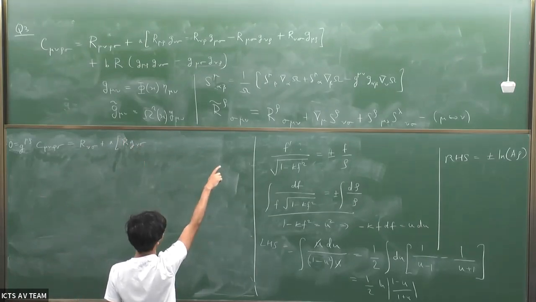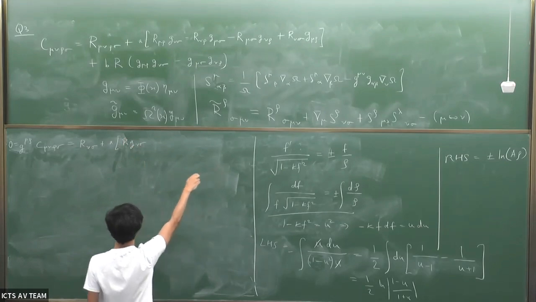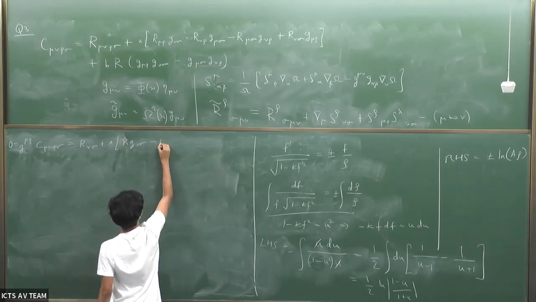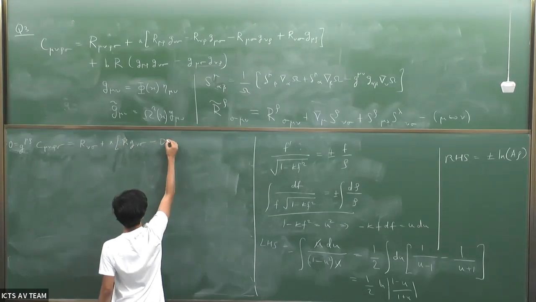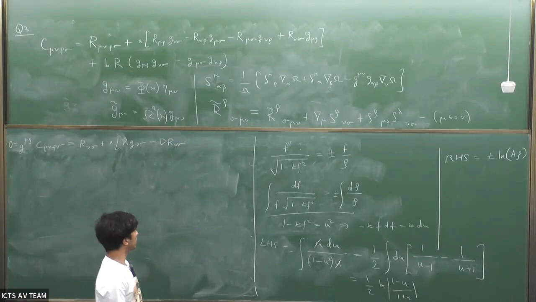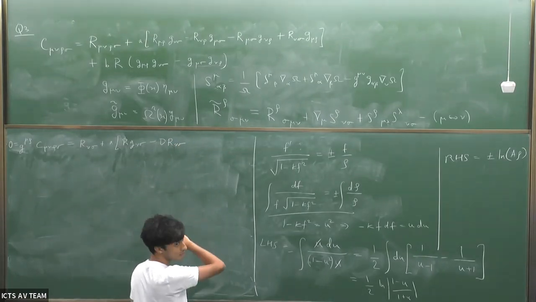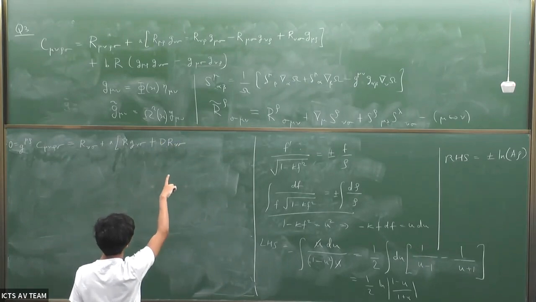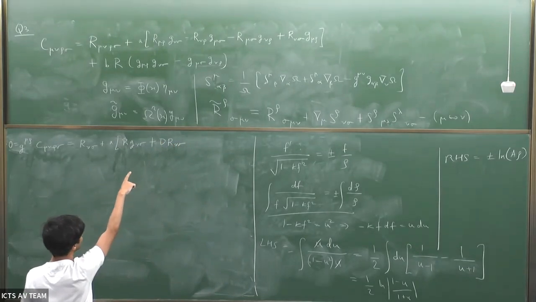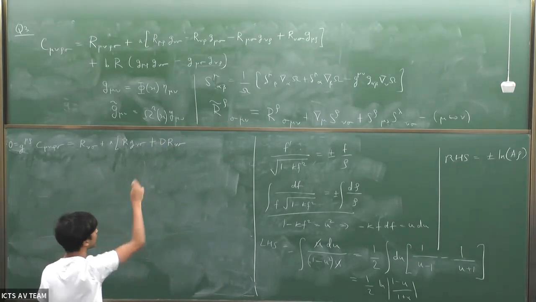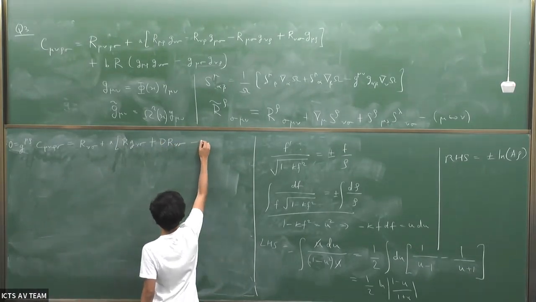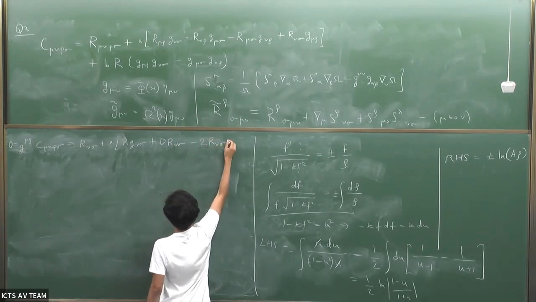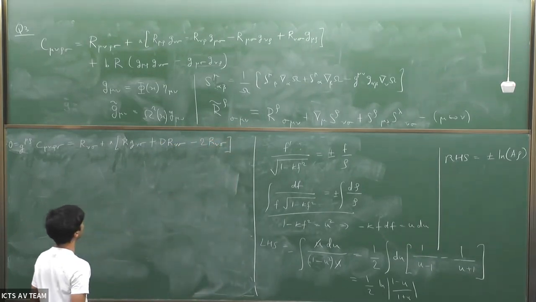The last term becomes D times R nu sigma, where capital D is the dimension. And the middle two terms, because you contract with G mu rho, give you a delta function and become R nu sigma, so minus 2 R nu sigma. I guess this is correct.